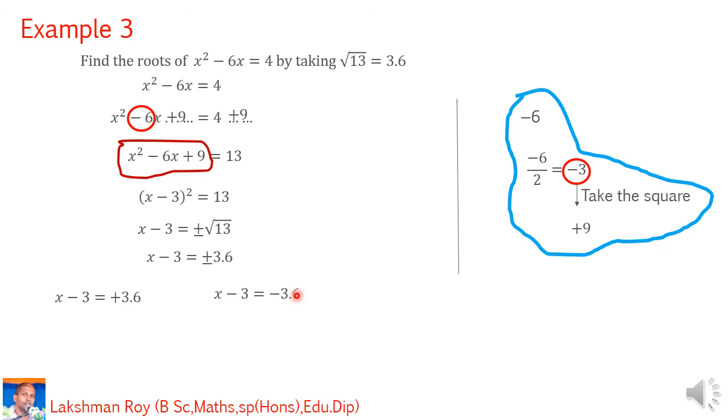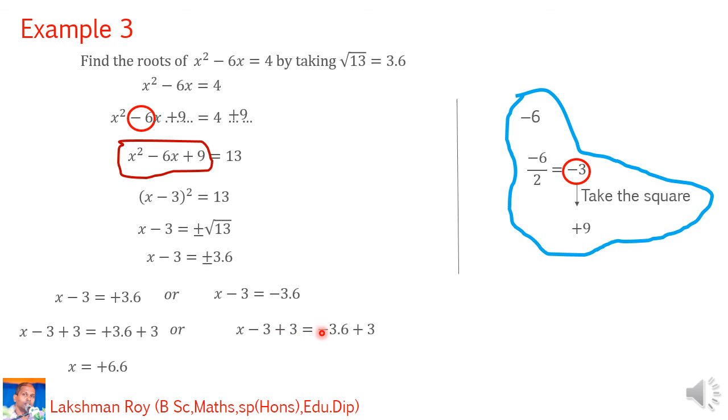Right. Now remove the negative 3. How? Add 3 to both sides. Right. Negative 3 positive 3, 0. Here positive 3.6 positive 3, that is you get positive 6.6, both positive. Here also negative 3 positive 3, 0.